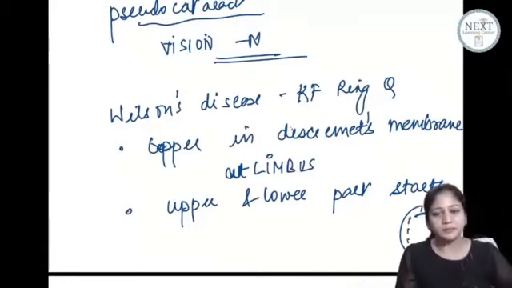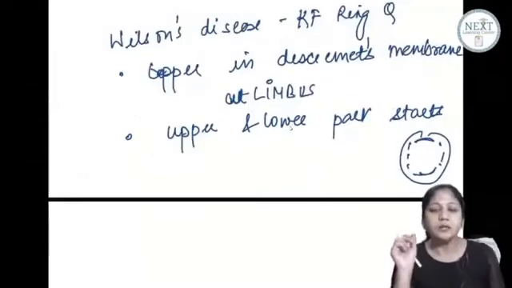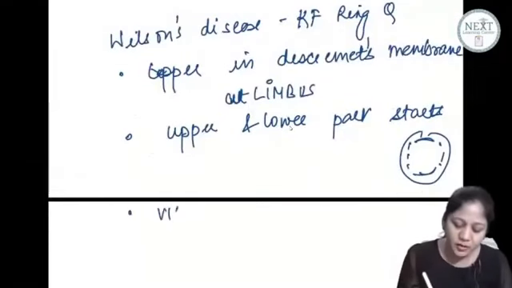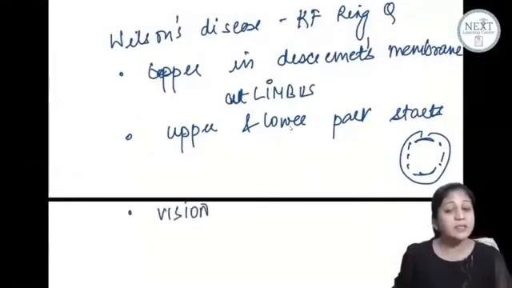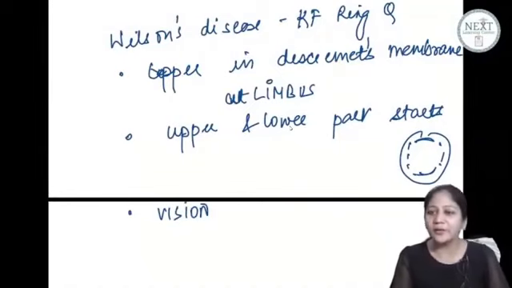Okay, guys, it starts as the upper and lower part. Now, do you think the vision is decreased with the ring? What happens to the vision with the ring? Vision remains normal or vision is less? Tell me. Does it interfere with vision, guys?